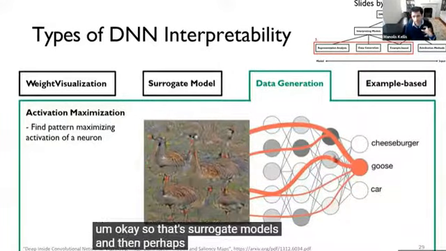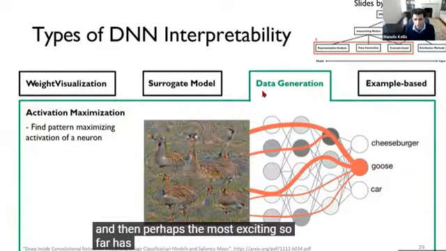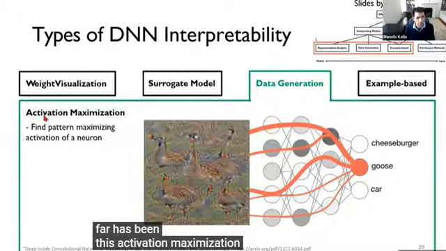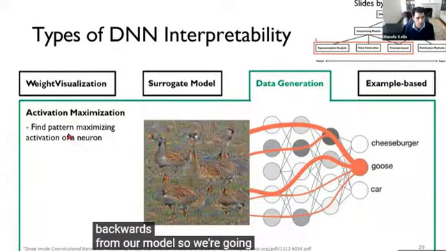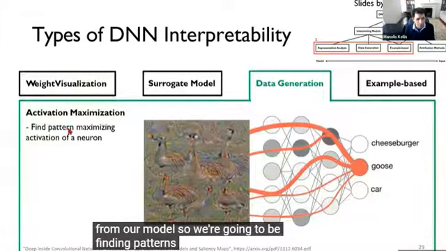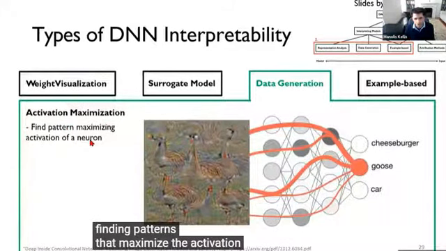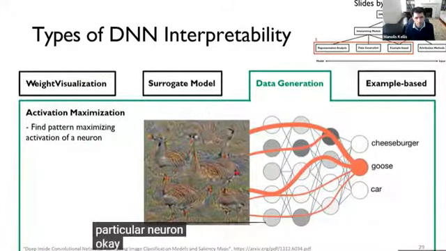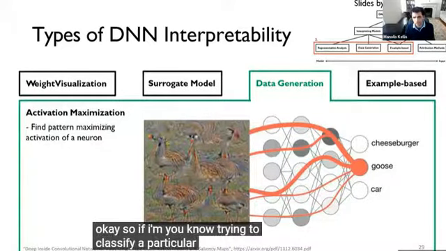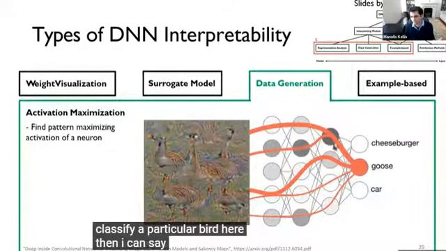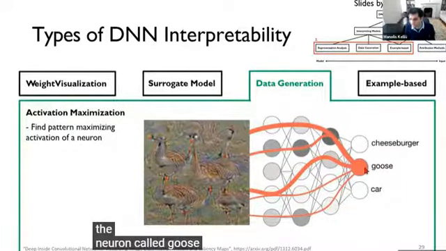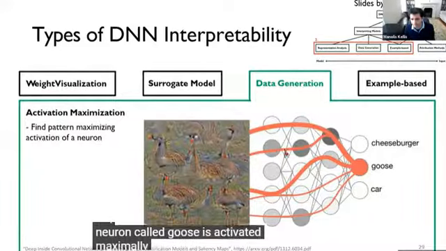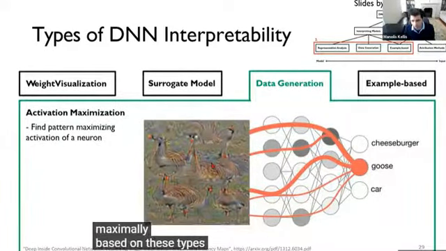And then perhaps the most exciting so far has been this activation maximization. So we're going to be generating data, but almost backwards from our model. We're going to be finding patterns that maximize the activation of a particular neuron. If I'm trying to classify a particular bird here, then I can say the neuron called goose is activated maximally based on these types of images.